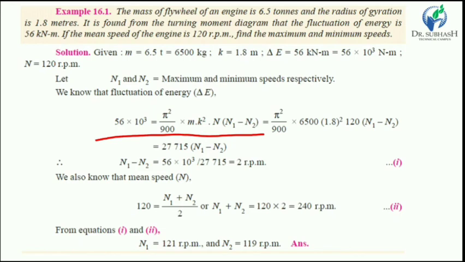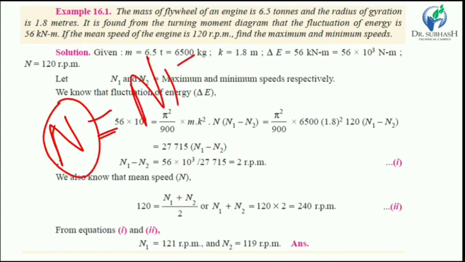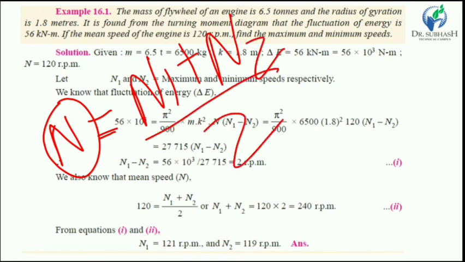Take this equation and put the values of all known elements, and finally we get N1 minus N2 is equal to 2 rpm. So the difference N1 minus N2 is equal to 2 rpm. And now we know the mean speed is (N1 plus N2) upon 2, the average of maximum and minimum speed.